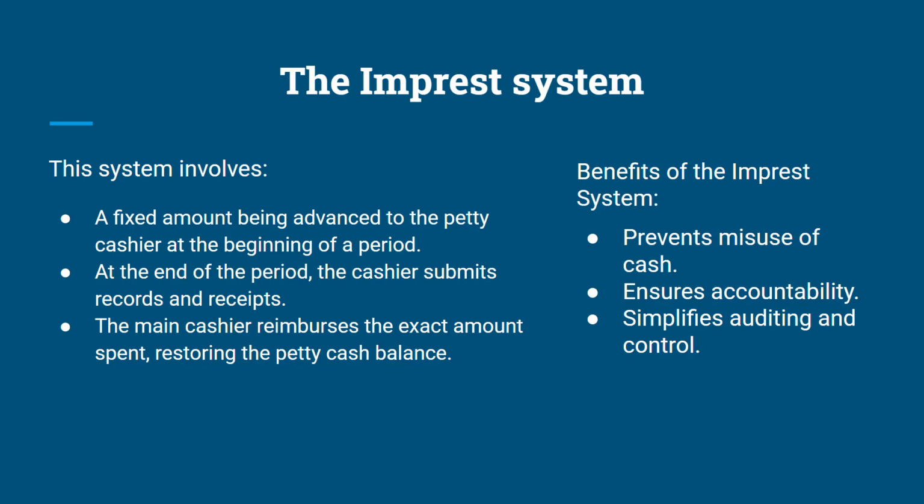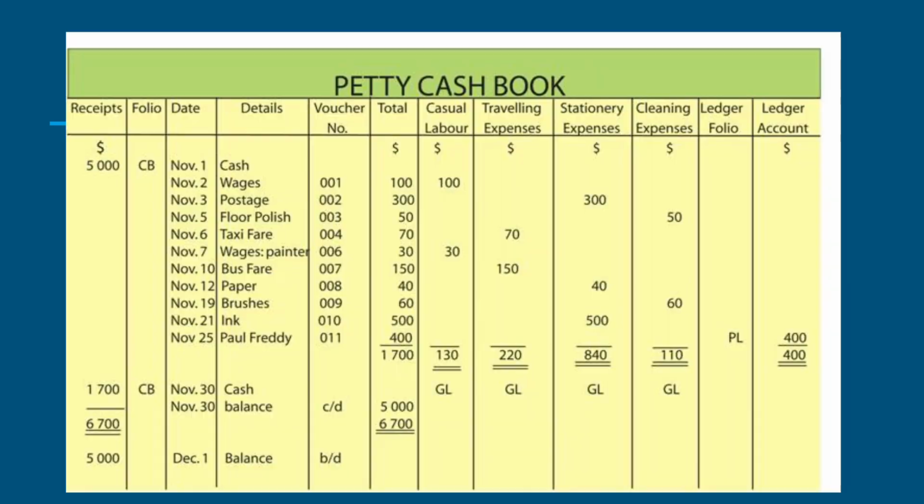So a petty cashier is going to write down every petty cash book transaction, so that it is accounted for and we know exactly what is happening. It ensures accountability and simplifies auditing and control.